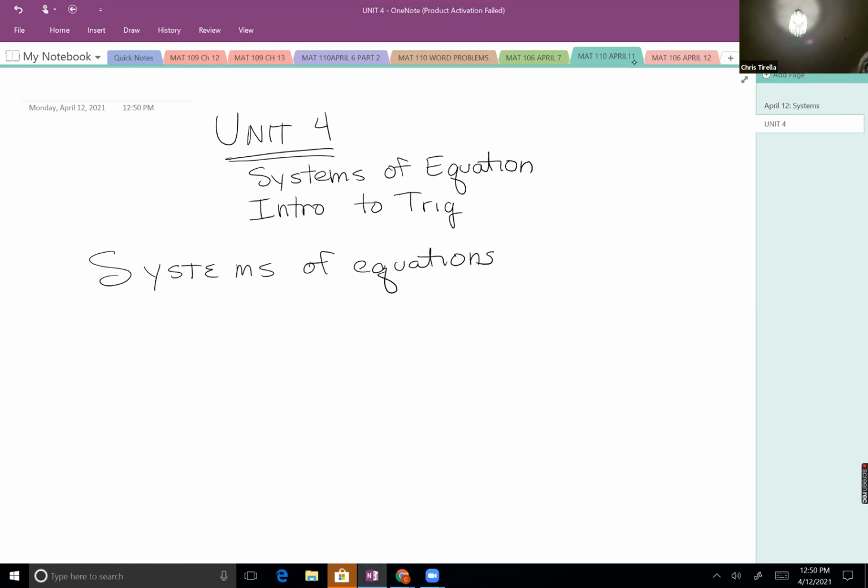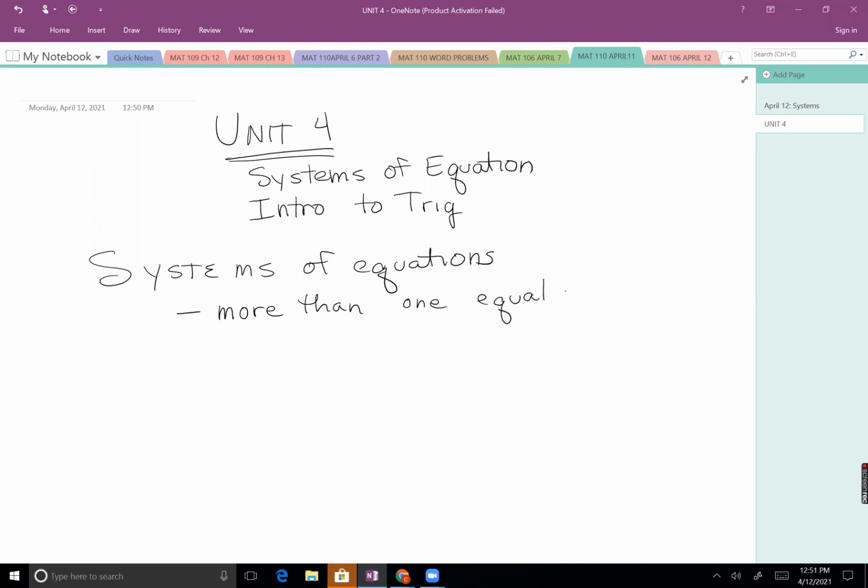When I talk about a system of equations, it means that we've got more than one equation. There are all sorts of different systems of equations.